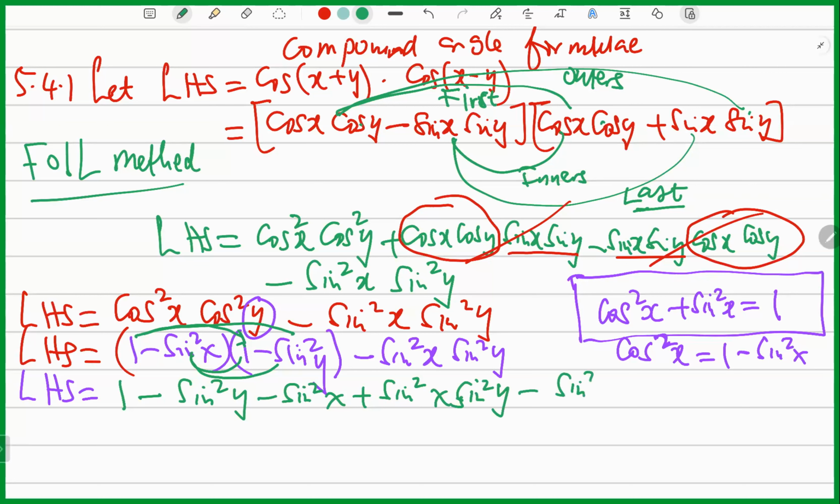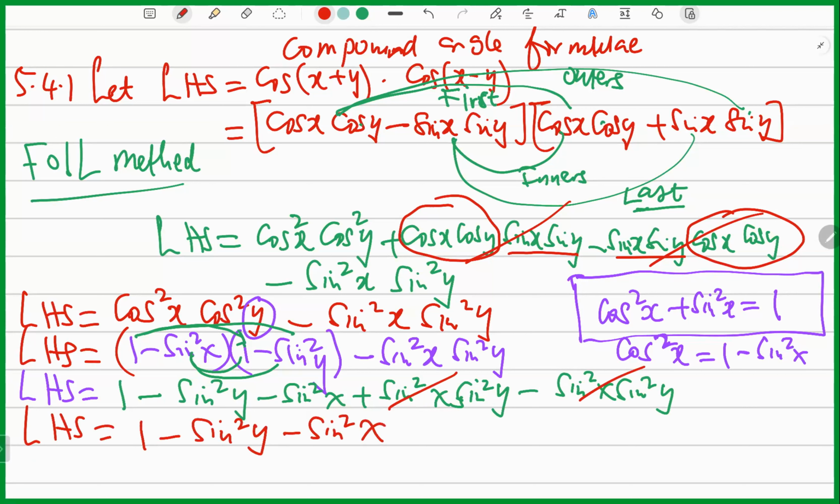Minus sine squared x sine squared y. Okay, and therefore these two cancel out. They look like good friends because they are the same. So we then have 1 minus sine squared y minus sine squared x.